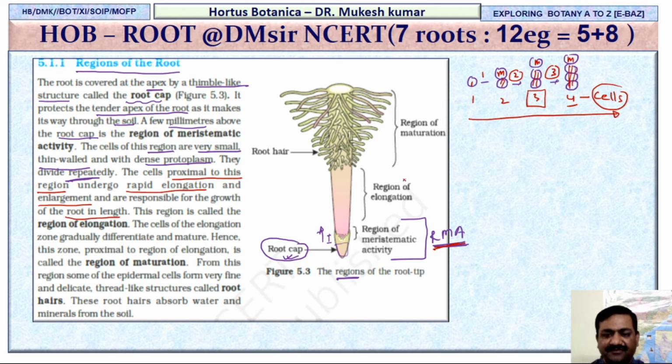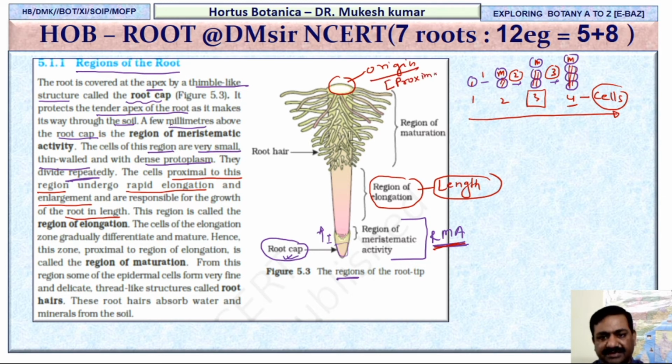Means to say, we have this very structure, the region of elongation, and it is responsible for increasing the length of the root. If you are talking about its position, the root is going to arise from this very part. So this is the part of origin, and this origin part is termed the proximal part.